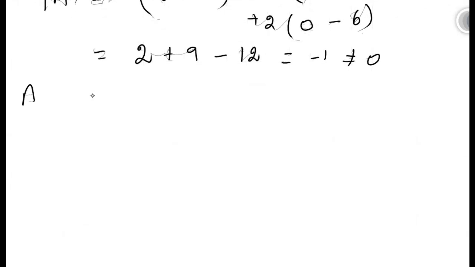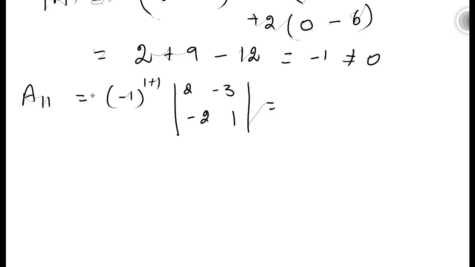To find out the adjoint, A11 is equal to minus 1 to the power of 1 plus 1. Leaving the first row and the first column, we will get 2, minus 3, minus 2, 1, which is nothing but 1 into 8 minus 6, which is equal to 2.